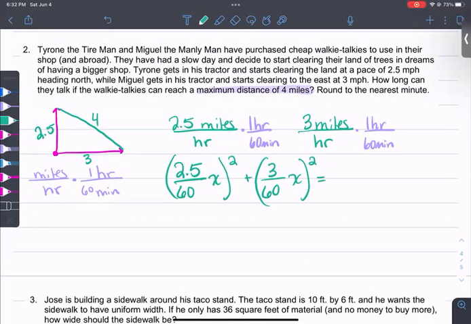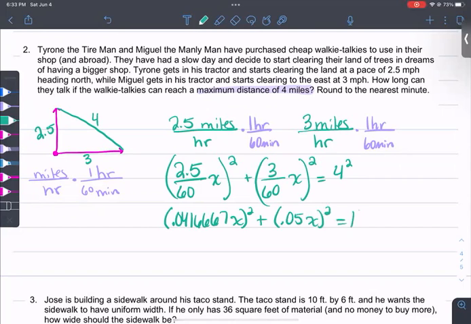And we want that to be equal to their maximum walkie-talkie distance of 4 squared. So again, using the calculator, that gives me 0.041 and then 6 repeating x squared plus 0.05 x squared equals 4 squared is 16.